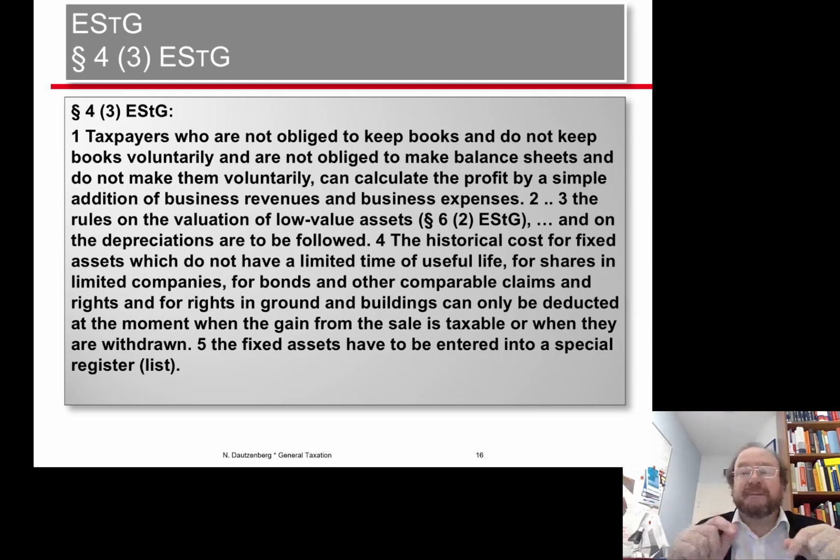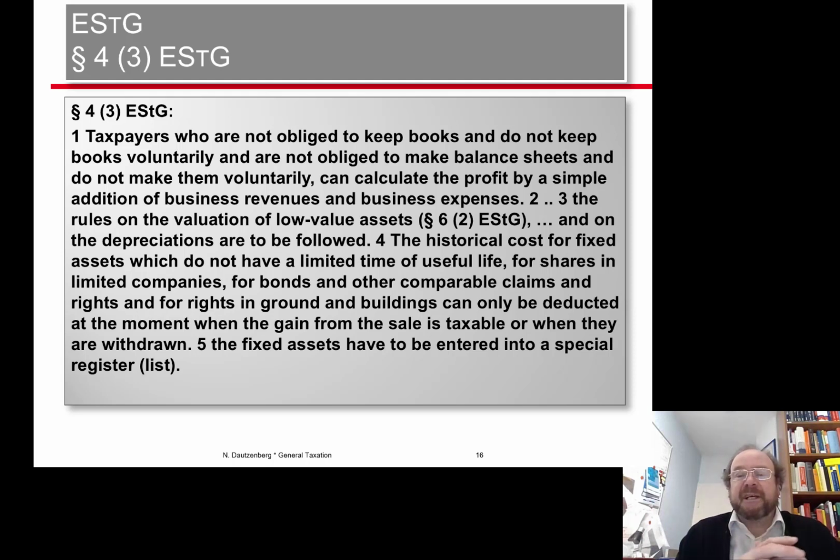By the way, sometimes taxation also obliges people to keep books. For example, the middle and the more important enterprises. But small ones can really be covered by that exception, because it might be that for a small enterprise, commercial law does not require balance sheets and books, and also tax law renounces on that bureaucracy and says, okay, you are too small, no balance sheets for taxation are required.